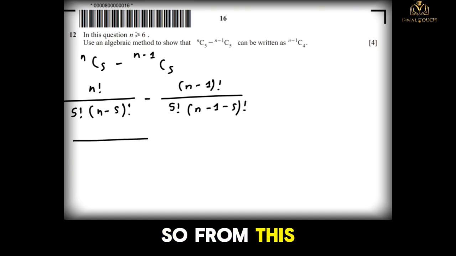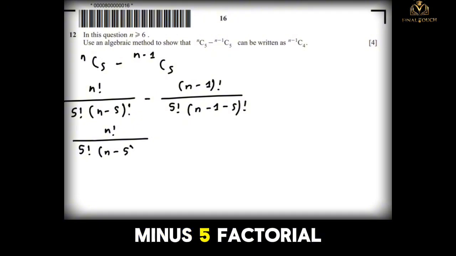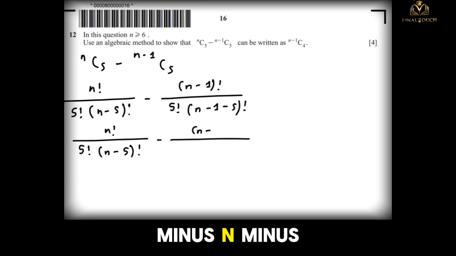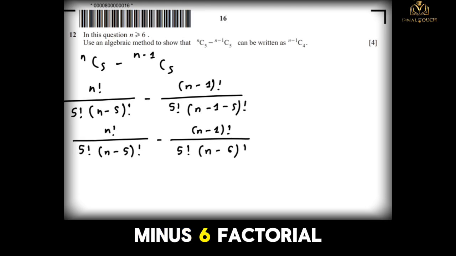So from this, we can write it as n factorial over 5 factorial, n minus 5 factorial, minus n minus 1 factorial over 5 factorial, n minus 6 factorial.